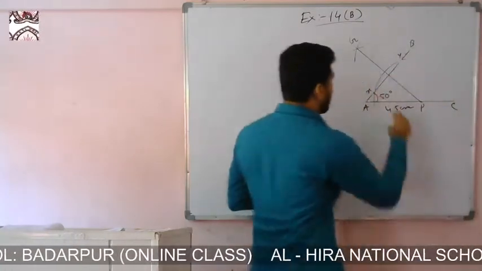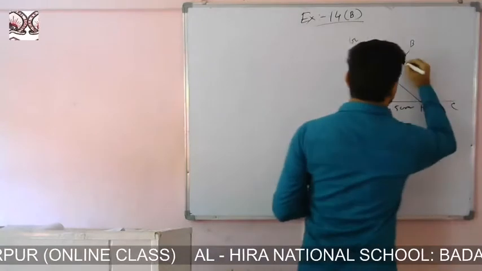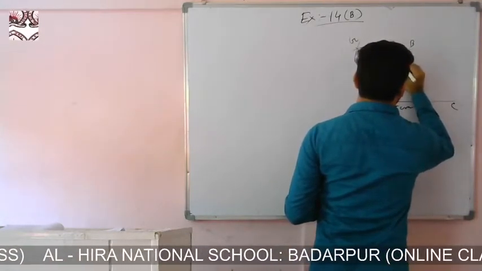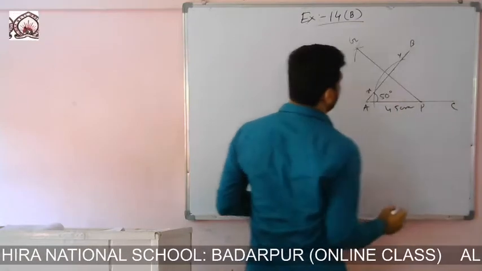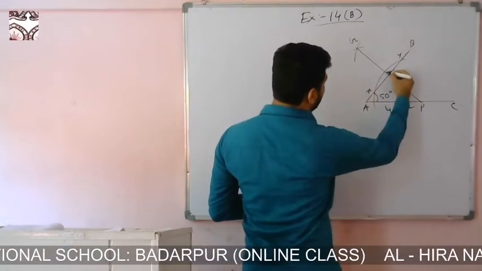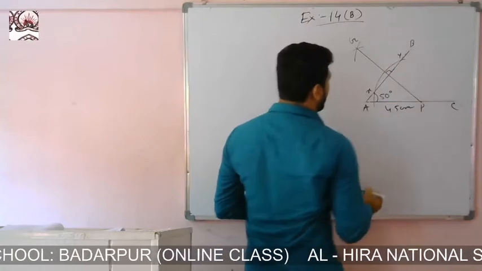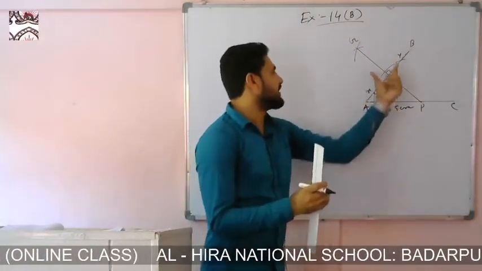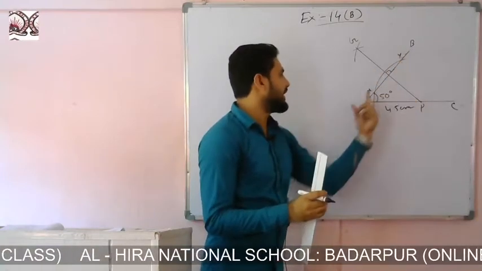Okay, somehow I have drawn. Now we can see, this angle is 90 degrees. So we can say that this line is perpendicular to AB.